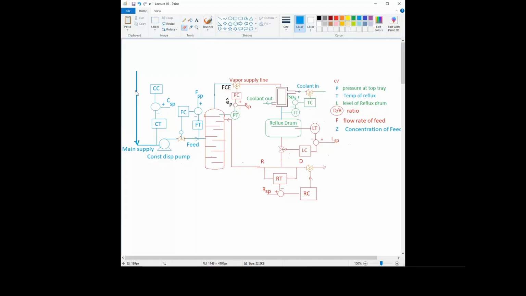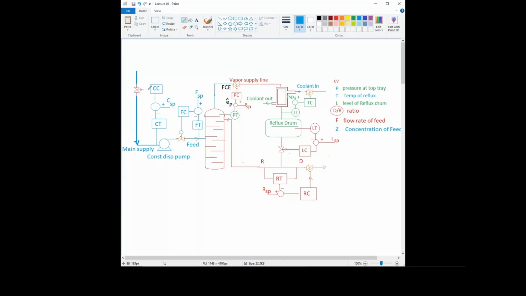Okay, and here on the auxiliary supply, we'll apply a valve. So we have a valve here. We'll copy this valve and we will apply it here. Right?